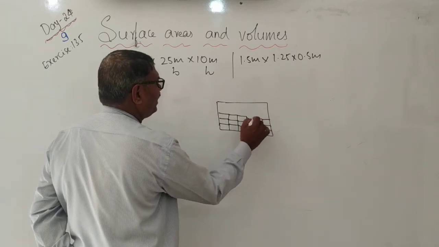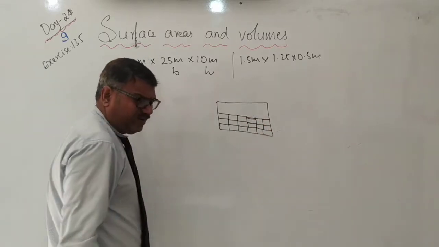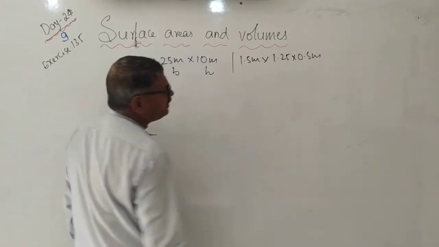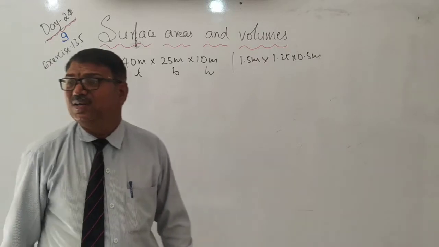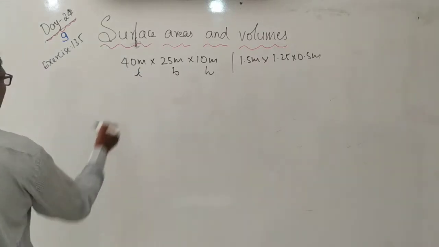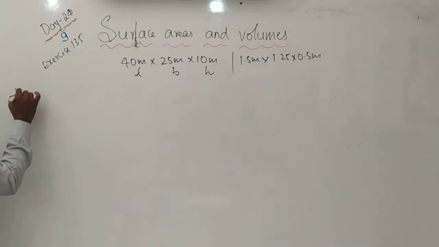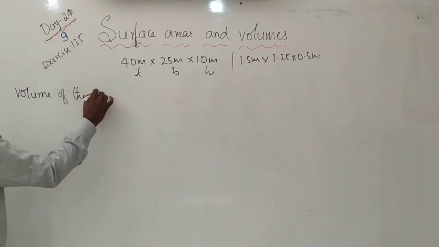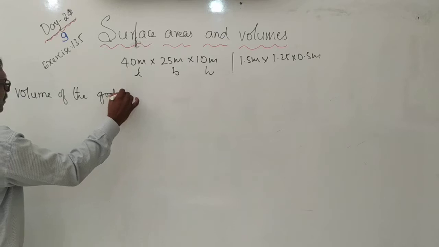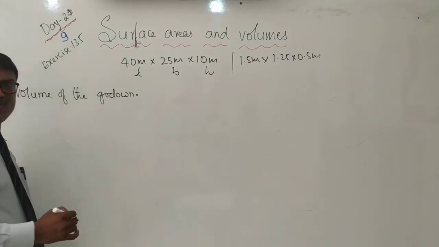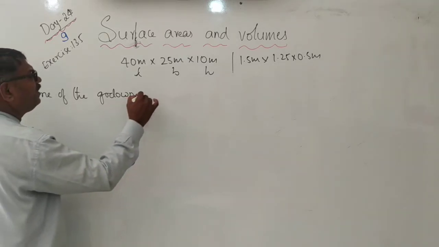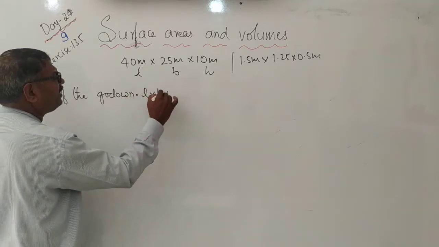Therefore, we should find out whether surface area or volume. Tell me, anyone? Yes, very good. We have to find out volume. First, find out the volume of the godown, which is equal to, what is the formula? Length into breadth into height.